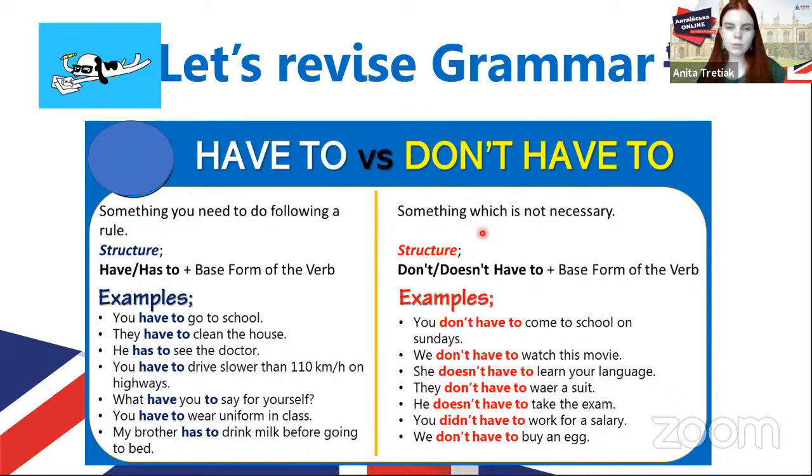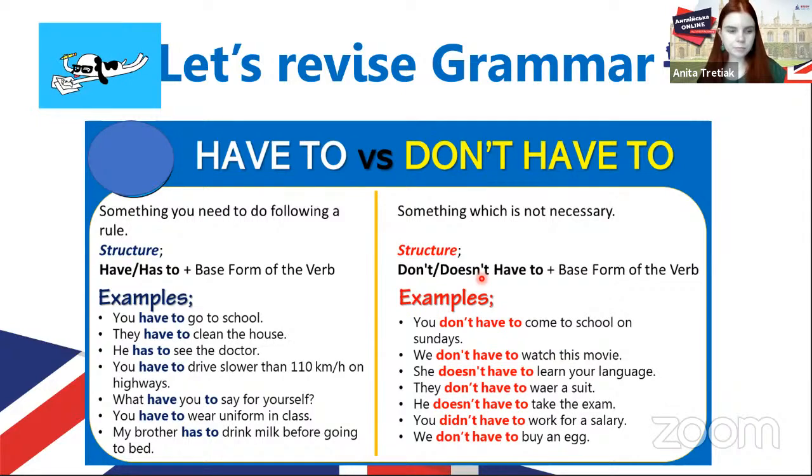So what about the structure? It's don't or doesn't have to and base form of the verb. So guys, please pay attention that if you have I, we, you, and they, it's don't. But if you have he, she, and it, it's doesn't have to.